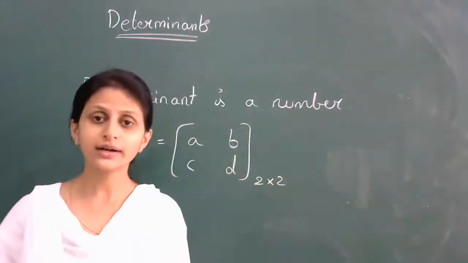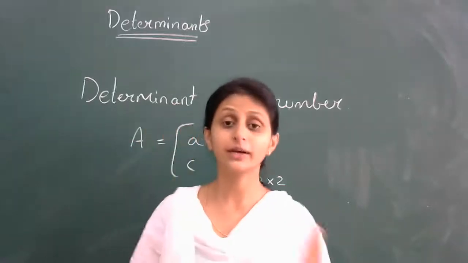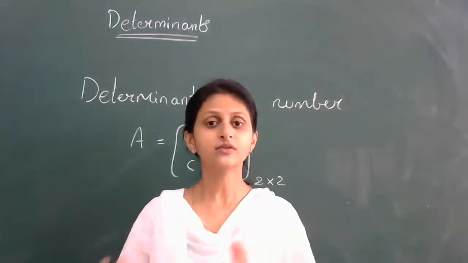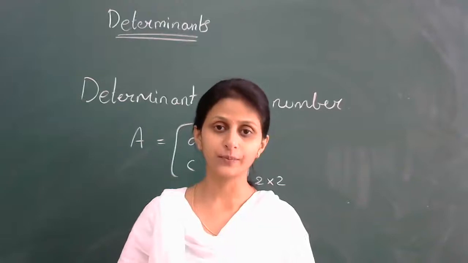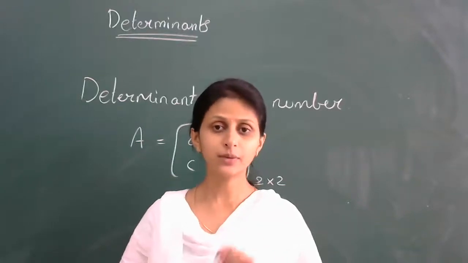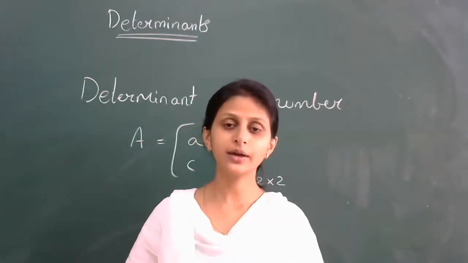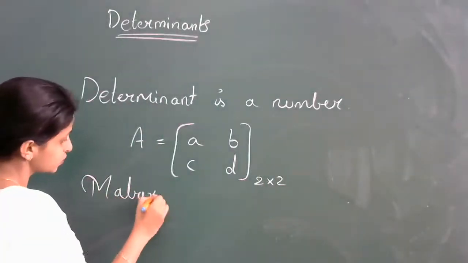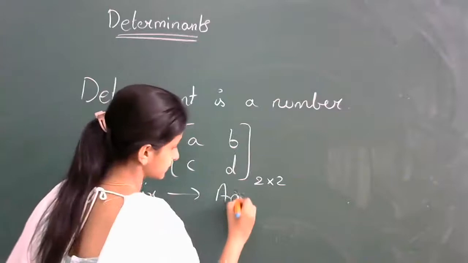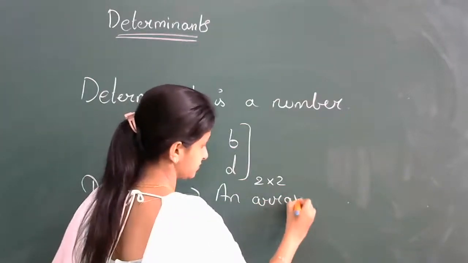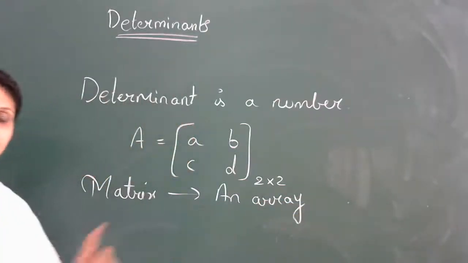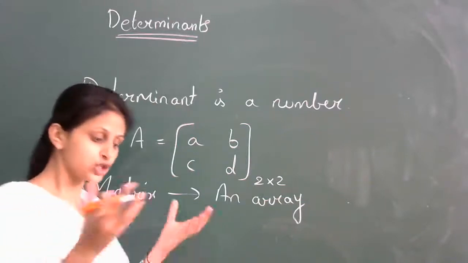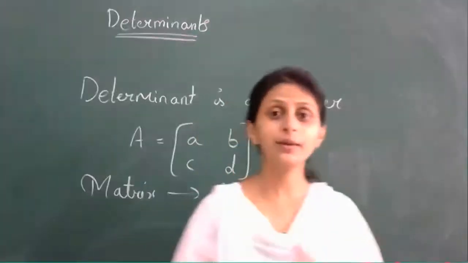When we add, subtract, or multiply two matrices, the result will again be a matrix only, not a number. A matrix is an array, and whenever you operate on two matrices, the result is again a matrix.